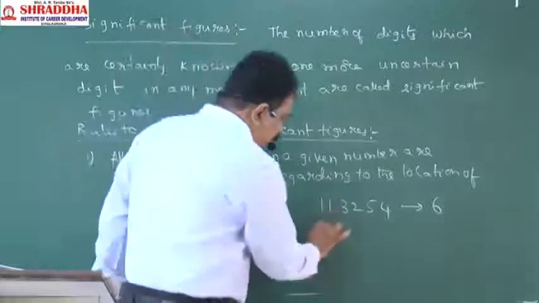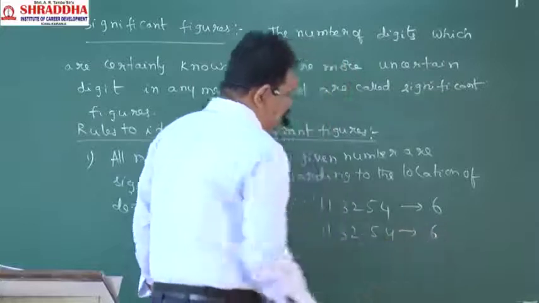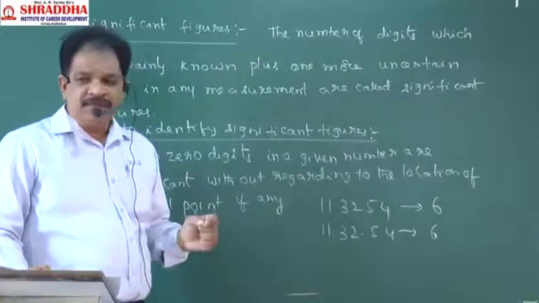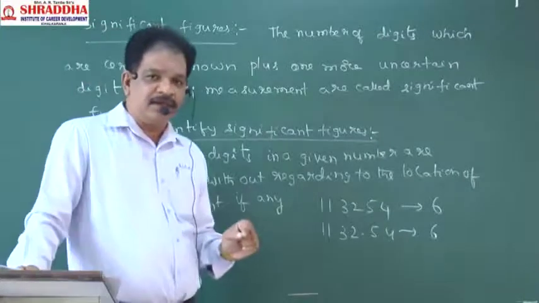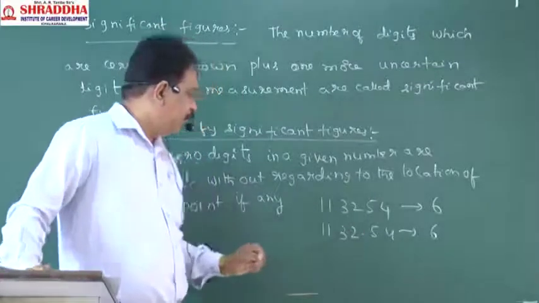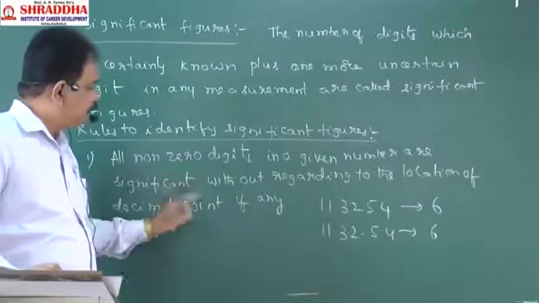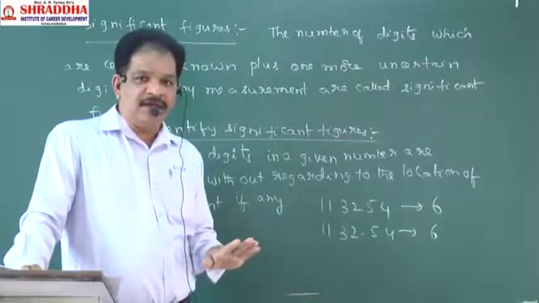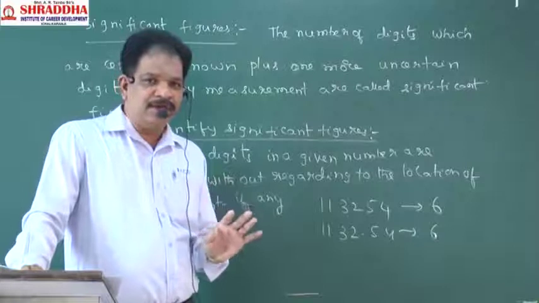For example, 1132.54 also has 6 significant figures. If the decimal point is there or not there, there is no need to consider the decimal point.